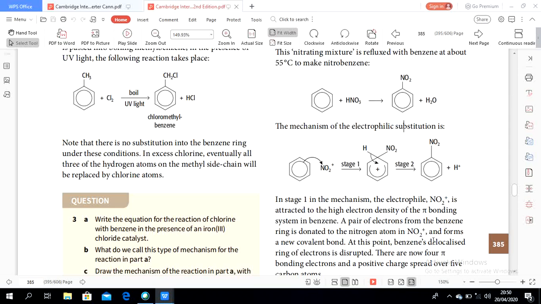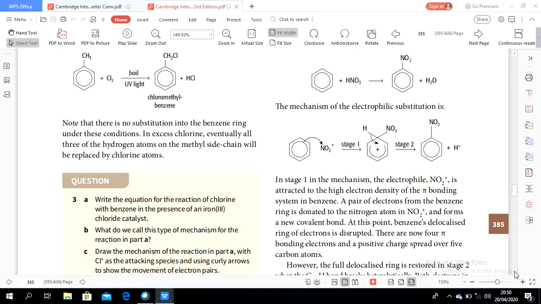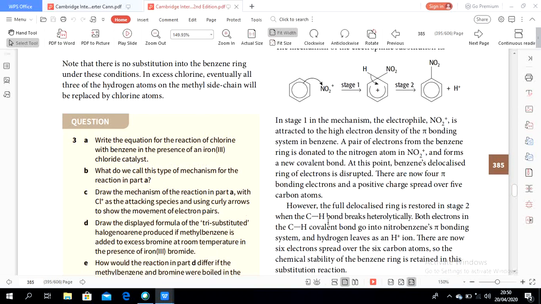At this point, the benzene's delocalized ring of electrons is disrupted. There are now 4 pi bonding electrons and a positive charge spread over 5 carbon atoms. So this one is the meaning. There are 4 pi bonding electrons and a positive charge.